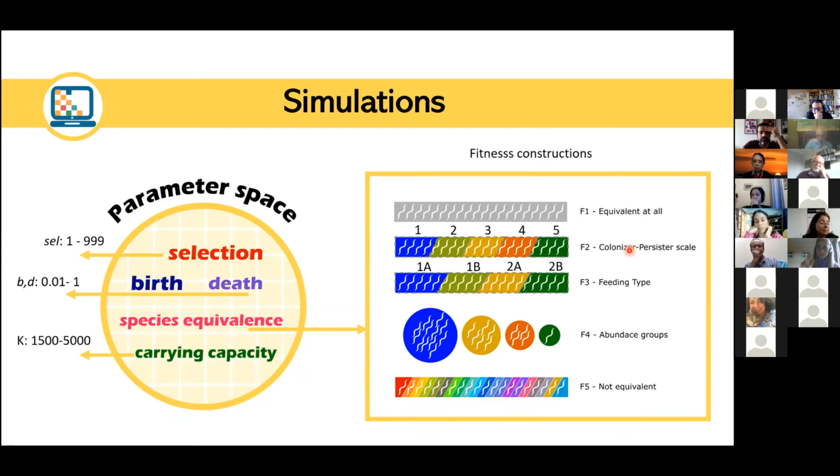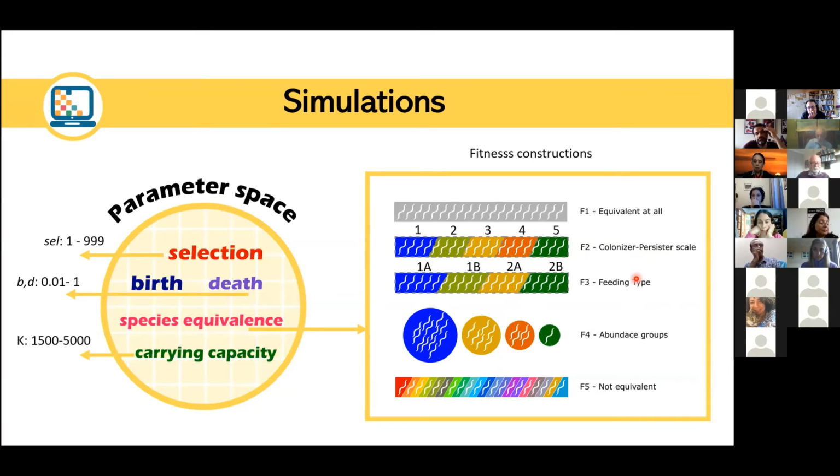considers equivalence within the same CP group. The CP group is the colonizer-persister scale. It ranges from 1 to 5, with 1 being the most opportunistic species and 5 the most persistent species. So we considered all species within the same CP group as equal.